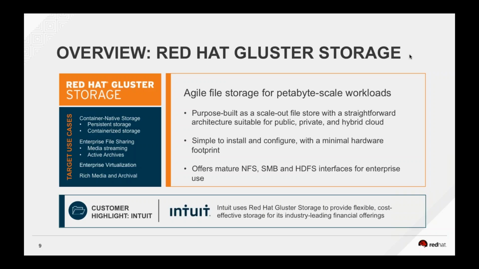This is the storage which should be underlying for all the container environments you are going to have, whether it's Red Hat Atomic, or some other containers or Docker and things like that. It does enterprise file sharing. You can have media streaming, you can have active archives, a very good use case. You can have a huge number of servers with good capacity of disks for cold archival, and just keep moving the data in for years and years.